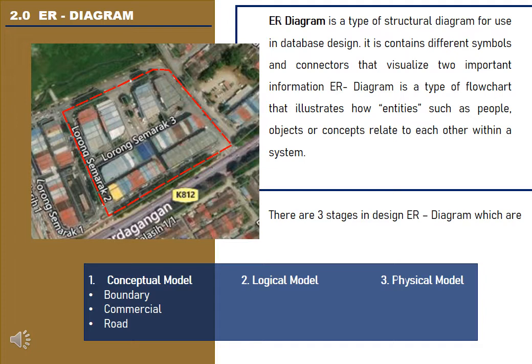There are three stages in designing an ER diagram, which are the conceptual model, logical model, and physical model. For the conceptual model in my final project, I divide it into three entities, which are boundary, commercial, and route.